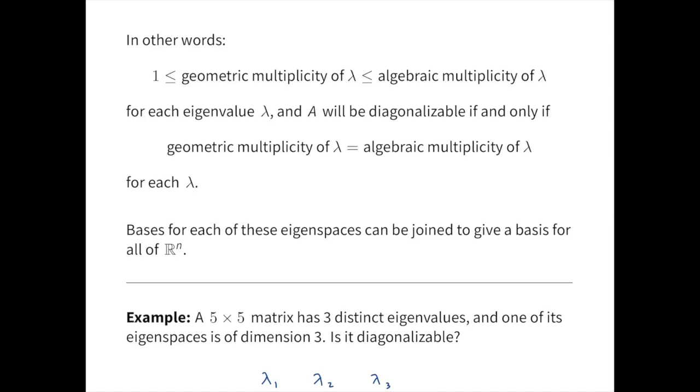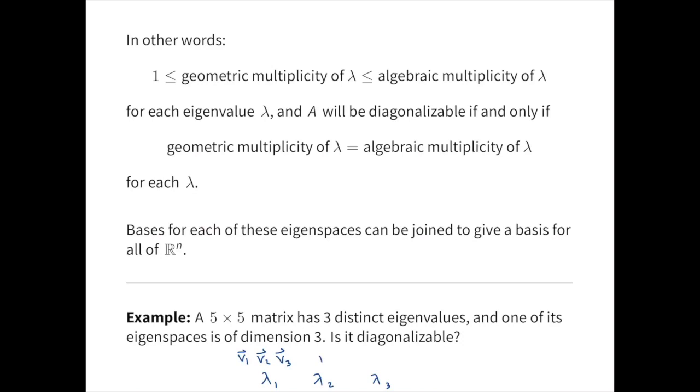Okay? But on the other hand, we're told that one of the eigenspaces has dimension 3. So for example, suppose that lambda 1 has a 3-dimensional eigenspace. That means that we can find 3 linearly independent eigenvectors that belong to this eigenspace here. On the other hand, we know that for lambda 2 and lambda 3, we will always get at least one linearly independent eigenvector from each of those.